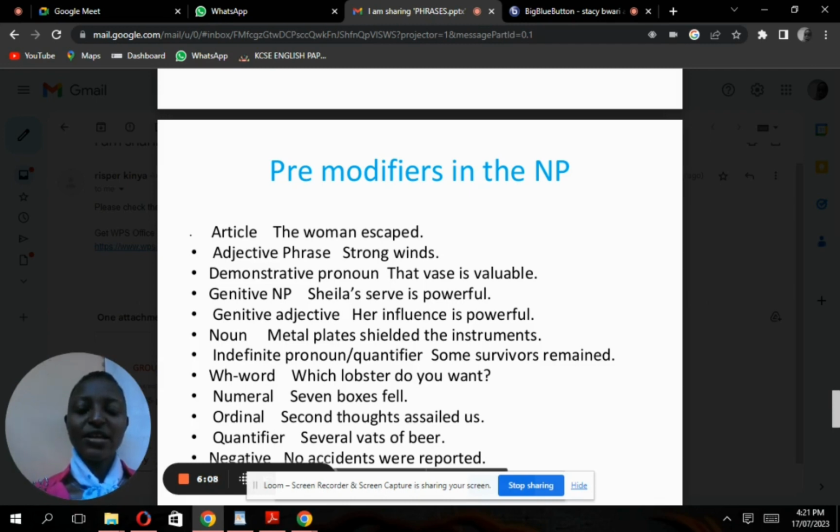In the example, that vase is valuable, that is used as a demonstrative pronoun. Then you have the genitive noun phrase. For example, Sheila's serve is powerful, so it shows the genitive noun phrase. That's where we have Sheila's.